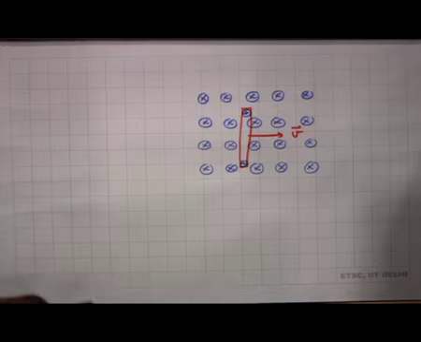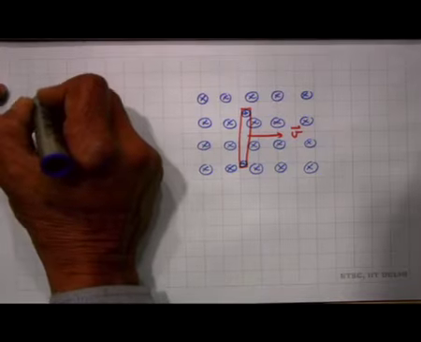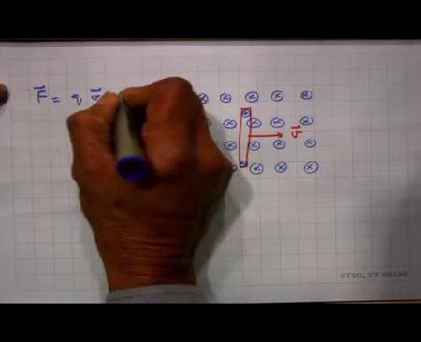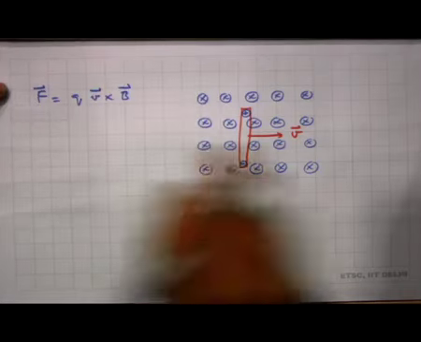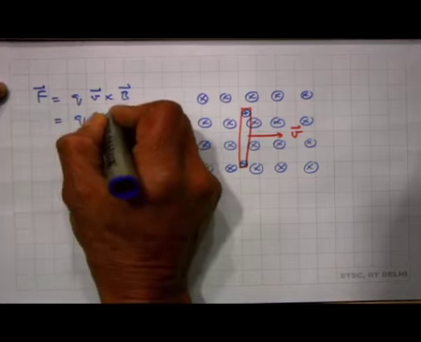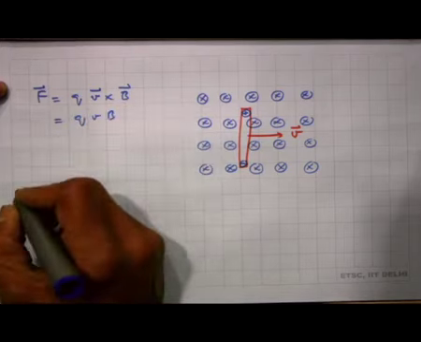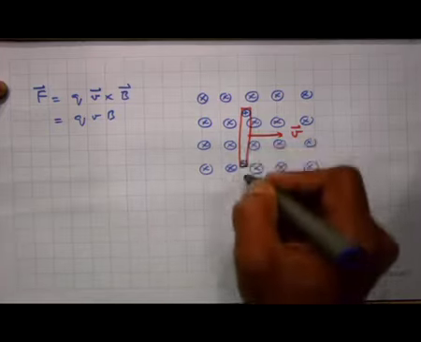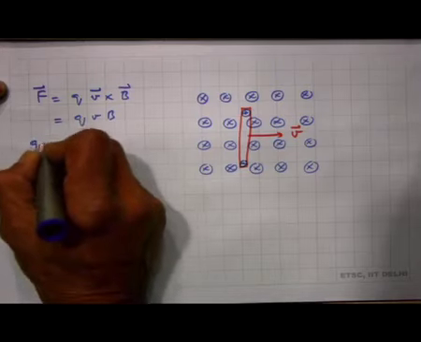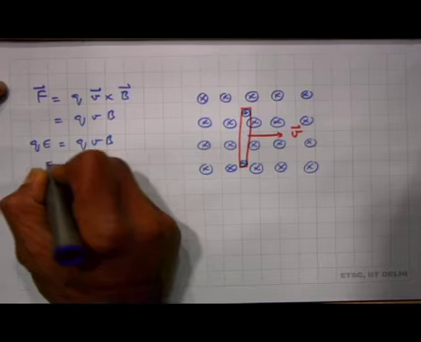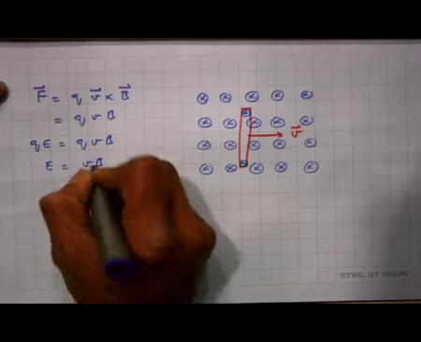So, what is the Lorentz force? Q V cross B, and because V and B are perpendicular, this is nothing but Q V B. The electric field which will be generated will be such that Q times E will be equal to Q V B. That means it will generate an electric field given by E is equal to V B.